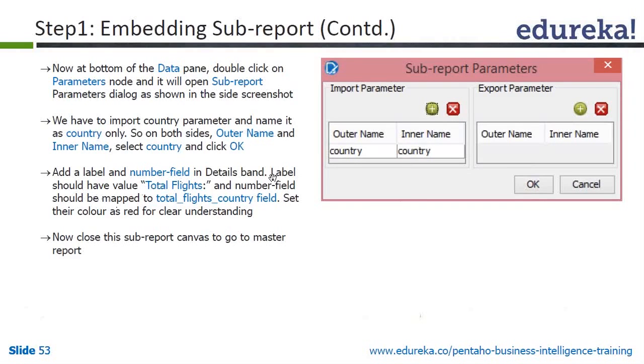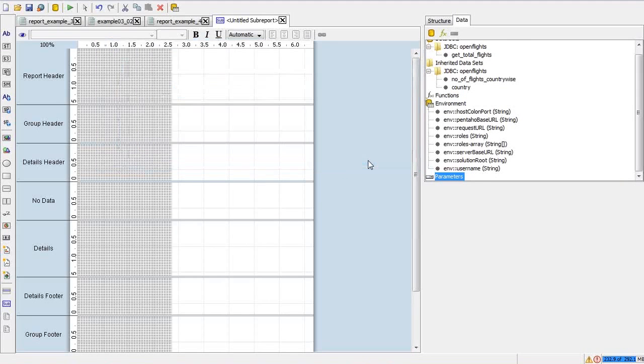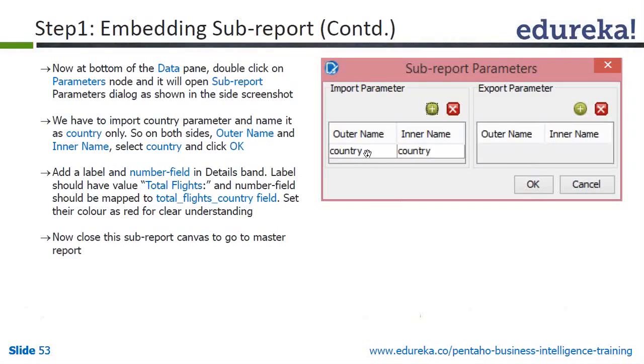Then add a label and number field in the details band. Okay, and click on OK. So Somesh, you can just post your question to support, so that I won't forget either. Anyways, I have the questions log with me, so I will make sure I share an example or related references with support.